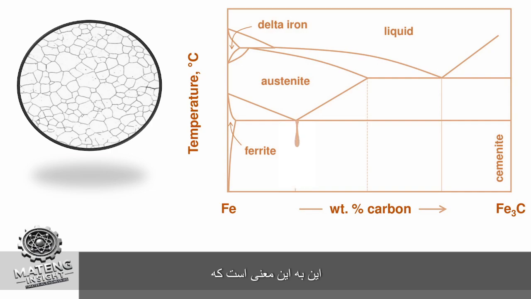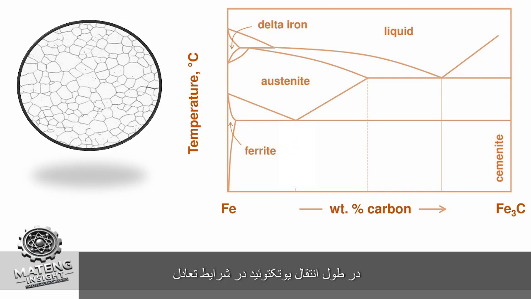What does it mean? It means that from below the eutectoid line, austenite gradually turns into ferrite and cementite. Note that this must be slow. For example, it should be left in the furnace until it reaches room temperature, or in the air. The way to cool it depends on the volume, size, and composition of the specimen.